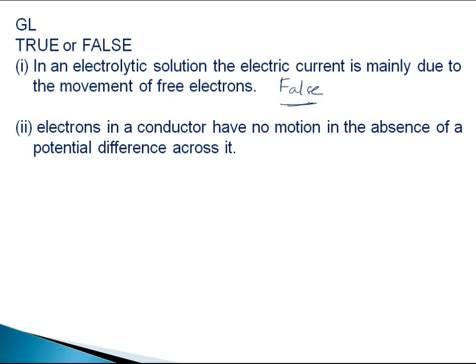Because in an electrolyte, current is due to the movement of both positive and negative ions. Next, electrons in a conductor have no motion in the absence of potential difference across it. I hope all of you get that this statement is false, because we know in metal electrons always have random motion due to thermal energy.